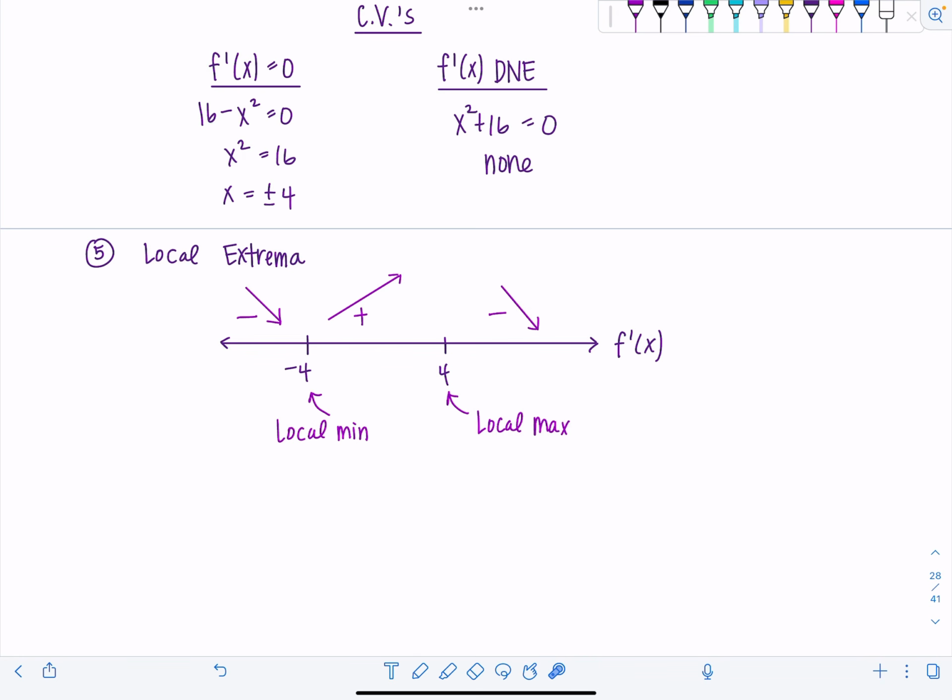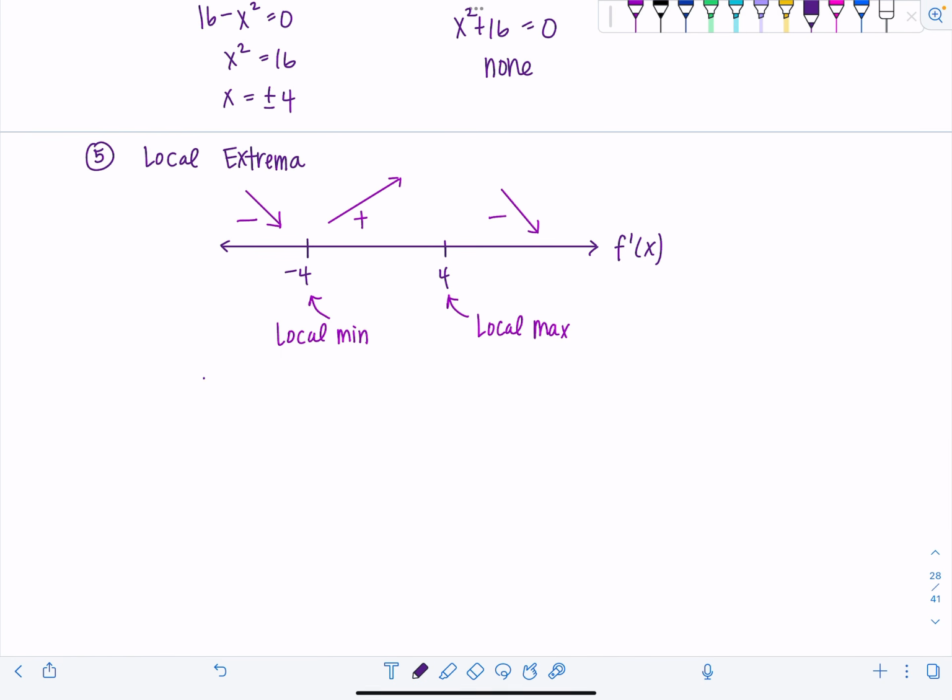Okay, let's write out the intervals of increase, decrease, and then we'll also figure out what the y-coordinates are for the extrema. So the function is increasing from -4 to 4 and decreasing from -infinity to -4 and 4 to infinity, okay?